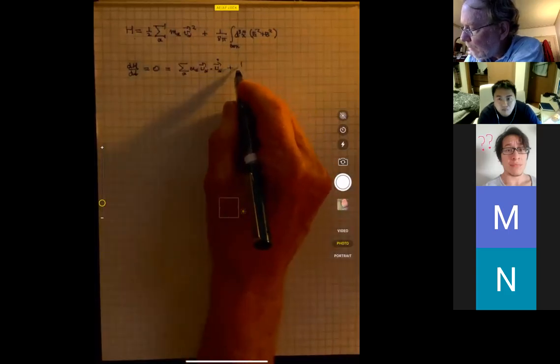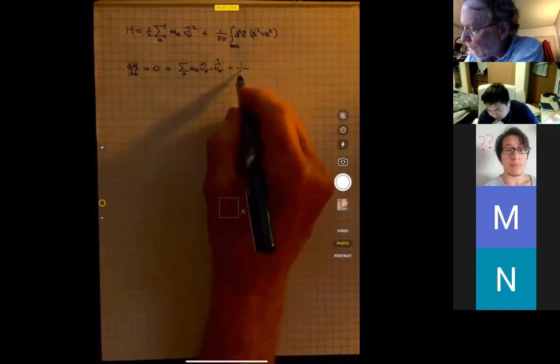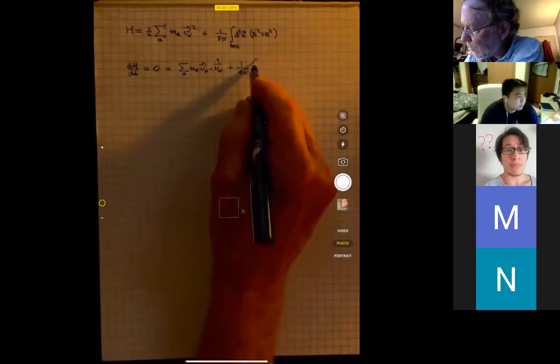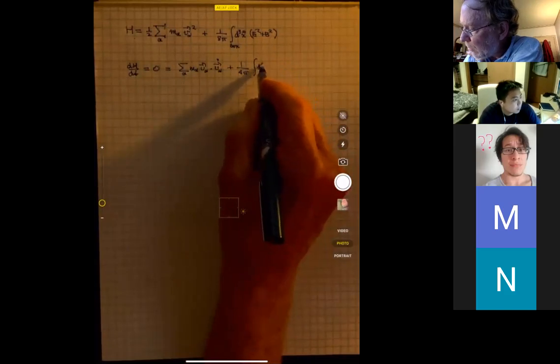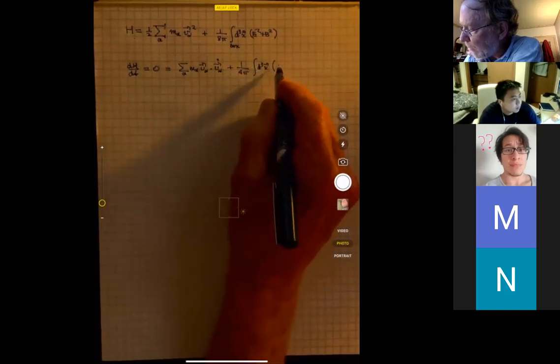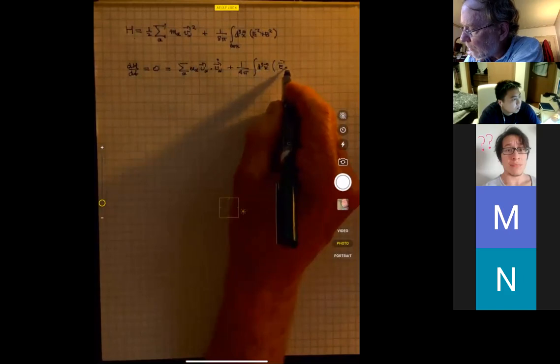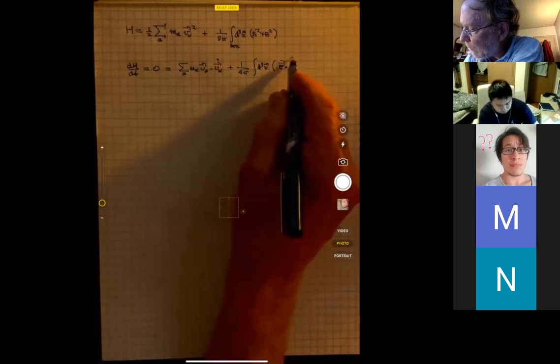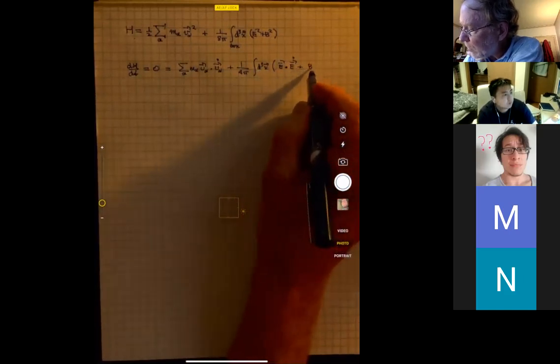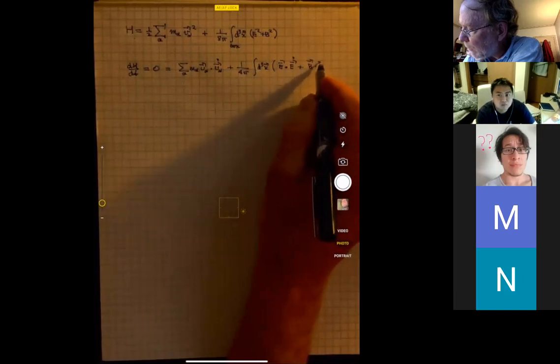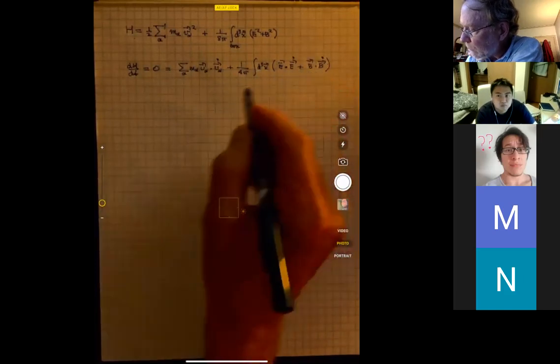And then for the field energy, I get 1 over 4 pi. There's a factor of 2 from doing the chain rule. I get the integral d cubed x over all space. And then what I get is the electric field dotted into the time derivative of the electric field, plus the magnetic field dotted into the time derivative of the magnetic field.